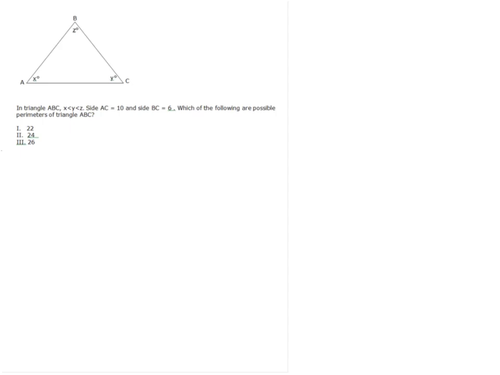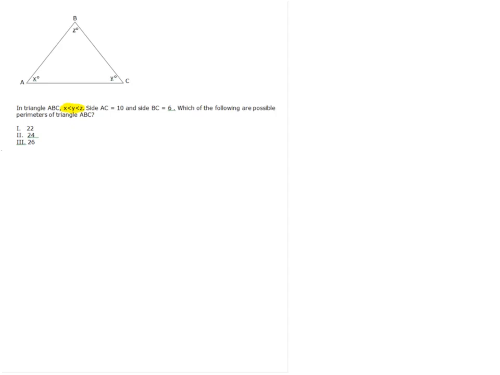For instance, in a problem like this where it says in triangle ABC, X is less than Y, which is less than Z, it's possible that you could look at that and completely glance over it, but the problem is that that's actually a really critical component of this problem. And if you don't actually read that and internalize it, you may not know where to go from here.